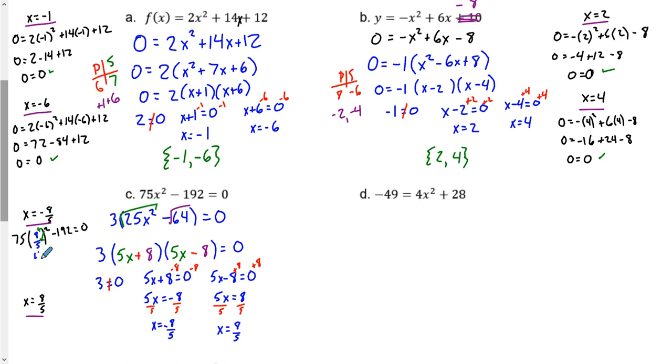So we would have 64 over 25. Well, we can reduce the 75 and the 25 to be 3. 3 multiplied by 64 is 192. And 192 subtract 192 is 0. So that's a great factor.